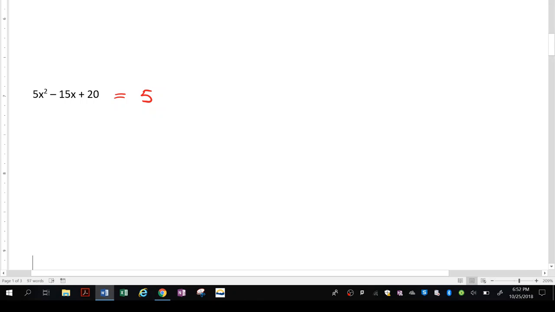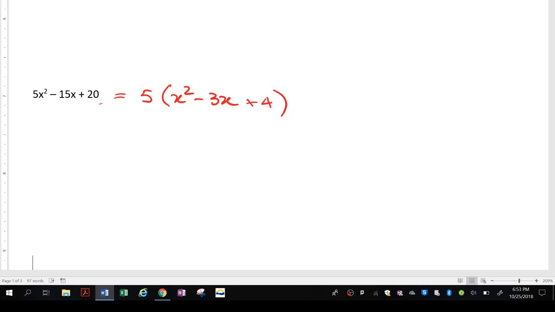So we're going to have 5 times something that's going to equal this. So we know if we divide this first term by 5, that leaves us with x squared. And the second term, if we divide out 5, we get minus 3x. And in our last term, we get plus 4.